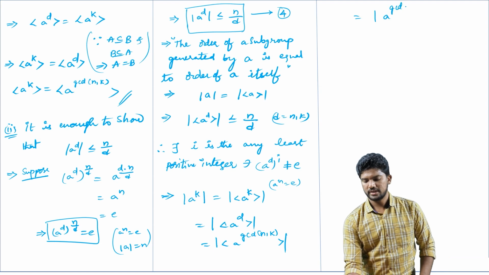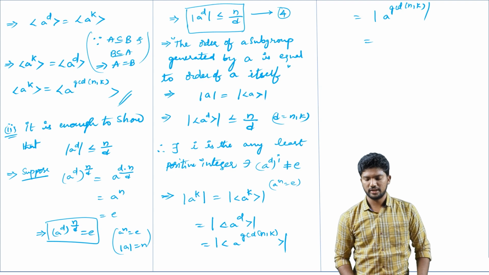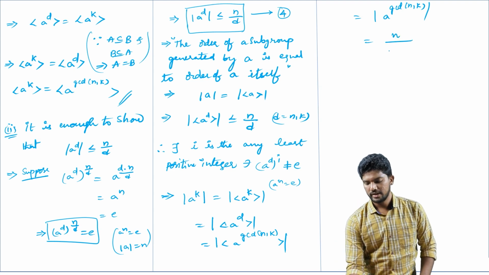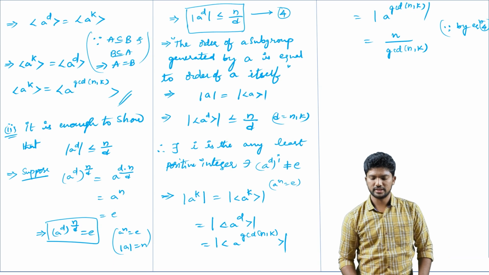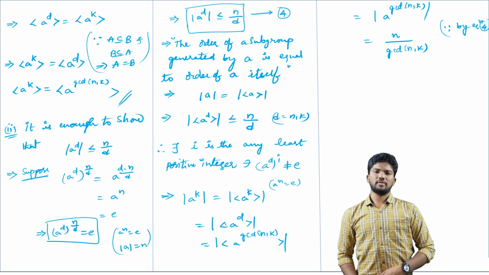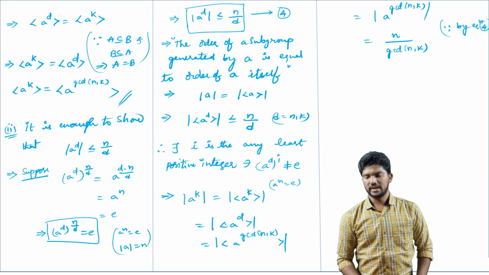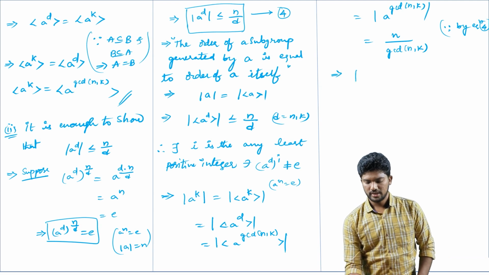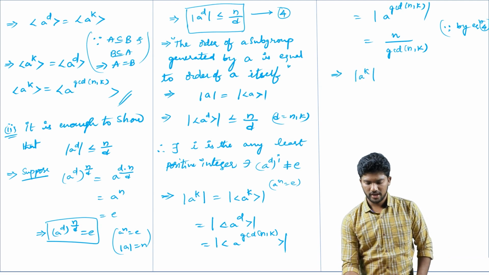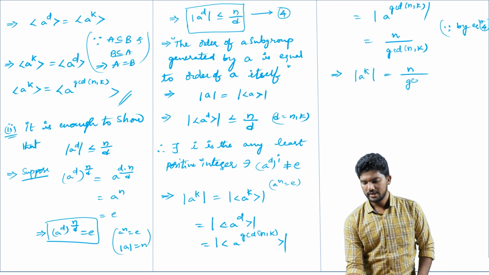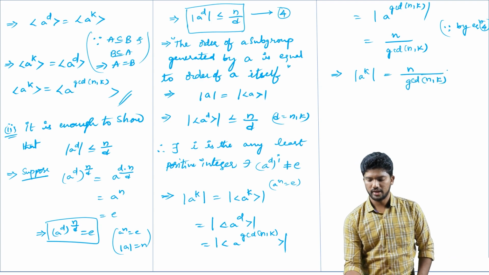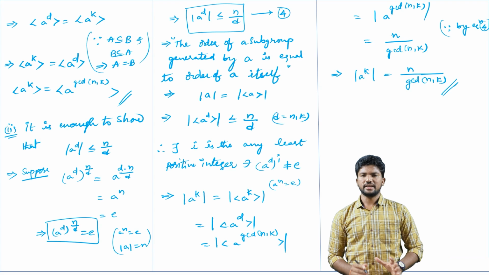According to equation number 4, the order of a power GCD of n comma k is equal to n by GCD of n comma k. So that implies the order of a power k is equal to n by GCD of n comma k.